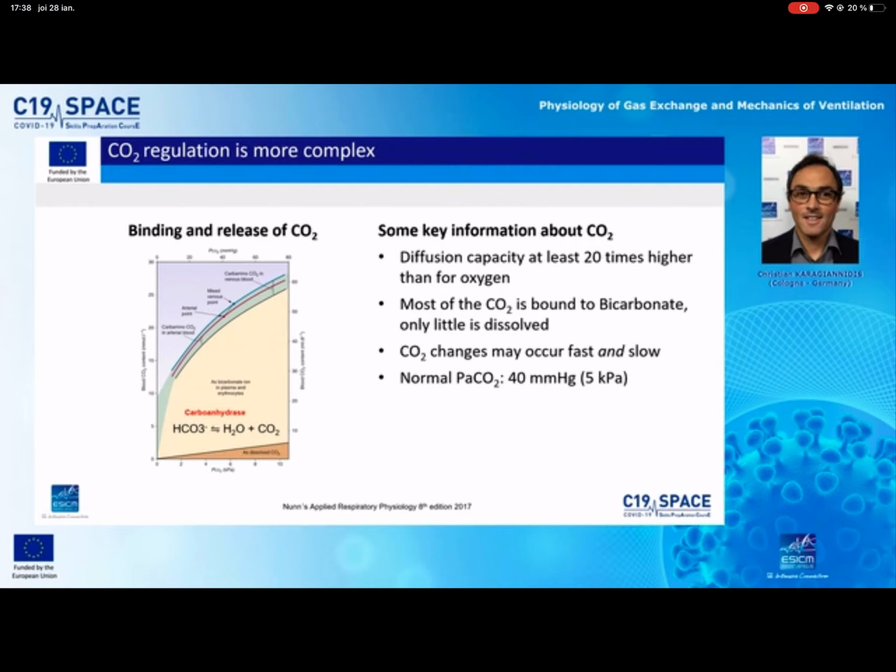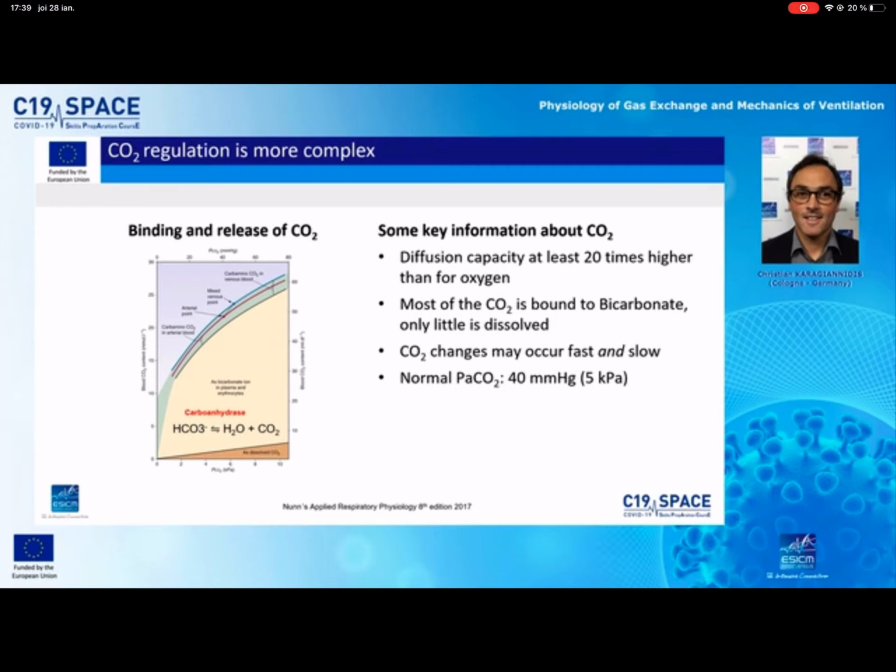And bicarbonate can release CO2, which is dependent on the carboanhydrase, which is the most important enzyme to get CO2 out of the bicarbonate. And as you can see here in this picture, most of the CO2 is stored in bicarbonate in our body. In turn, that means that CO2 changes may occur very fast, but they also occur very slow. And this is the major difference to oxygen.